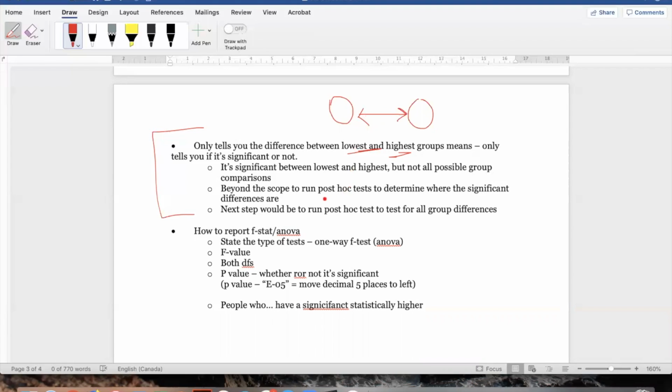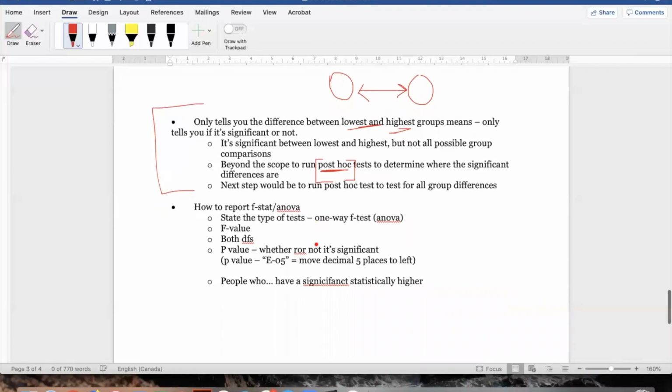You can run a post hoc test. This is way beyond this class, and might come up in a quiz question or something, but we can talk about it later. Don't worry about it for now. But the post hoc test would test for the differences between each group.